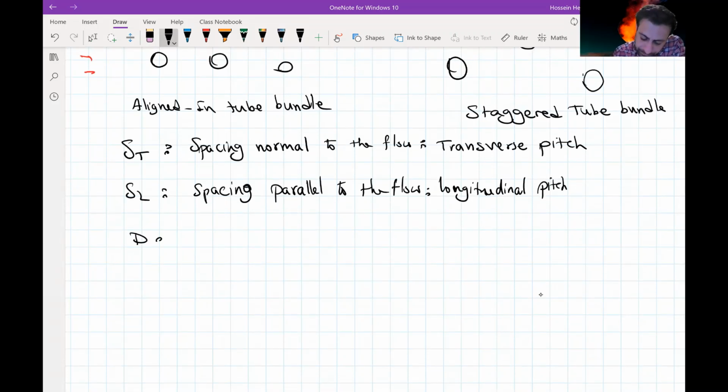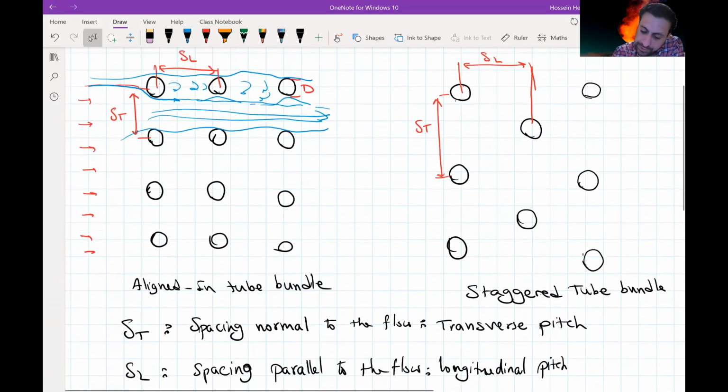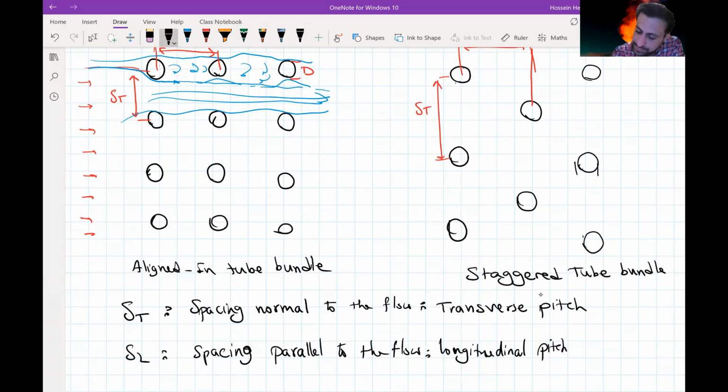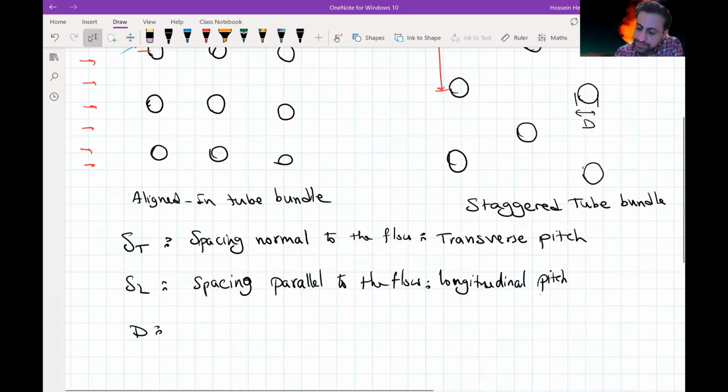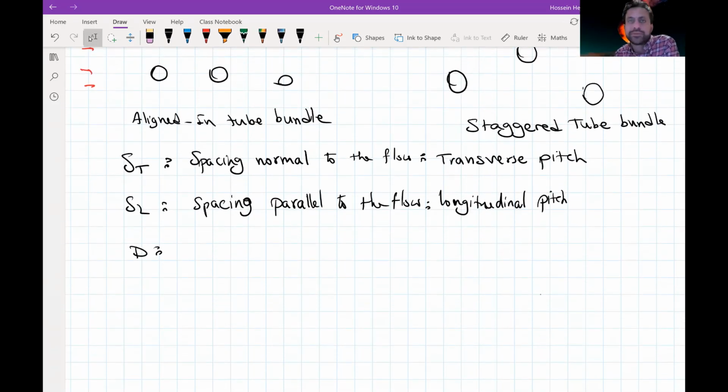D is the diameter of the tubing in either of the configurations, and we assume all the tubes have the same diameter. So this is the tube diameter, and we want the average heat transfer coefficient.